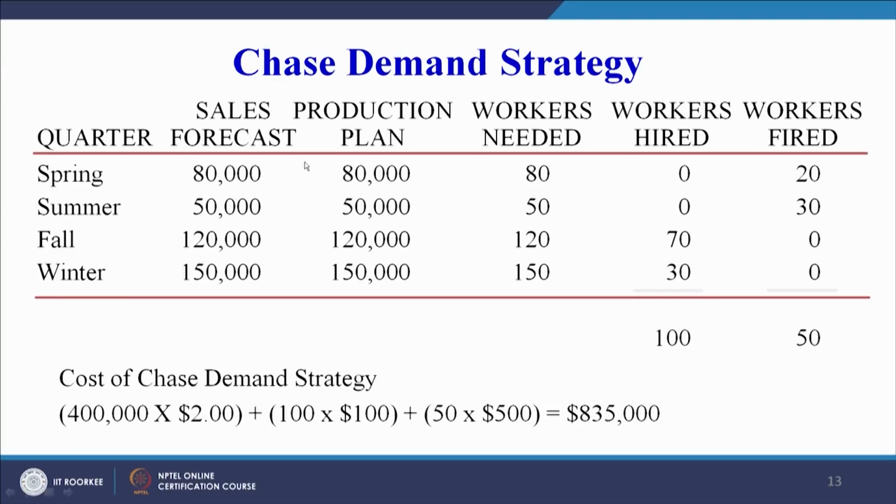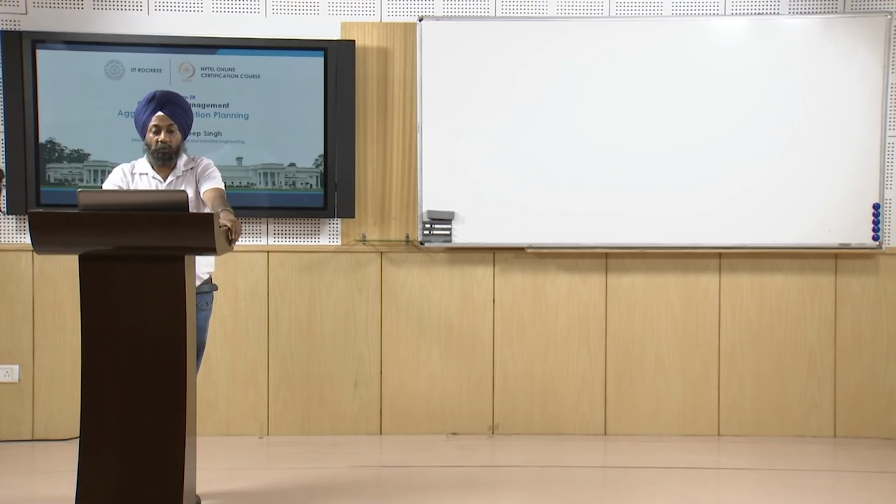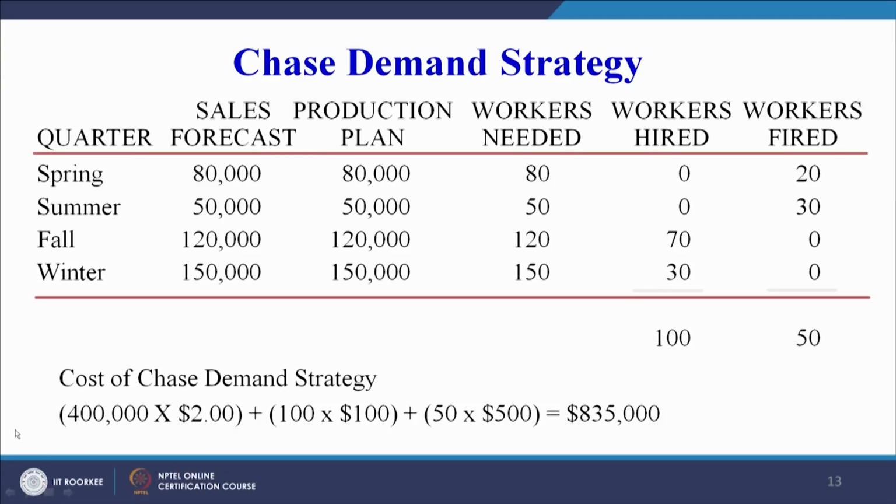If you see, our production plan is focusing on the exact demand requirement for that particular quarter, whereas in level production we have averaged out 1 lakh pounds per quarter, and here we are producing as per the demand. So we can calculate the cost of chase demand strategy. 4 lakh pounds we are producing in regular time production, the cost is $2 per pound, so this gives us the regular time production cost, plus we are hiring, if you see here, 100 workers, 70 we are hiring in third quarter and 30 we are hiring in fourth quarter.